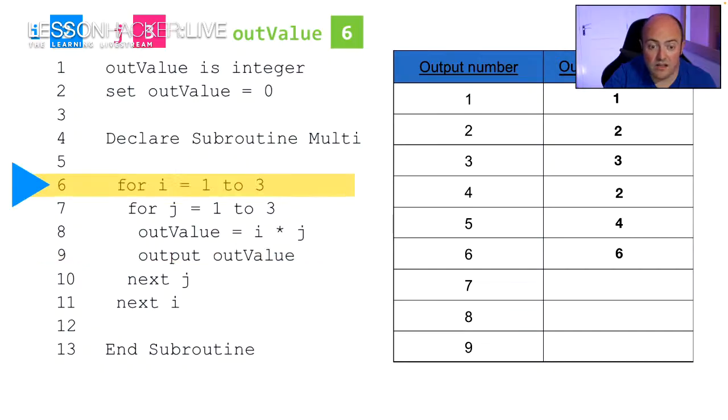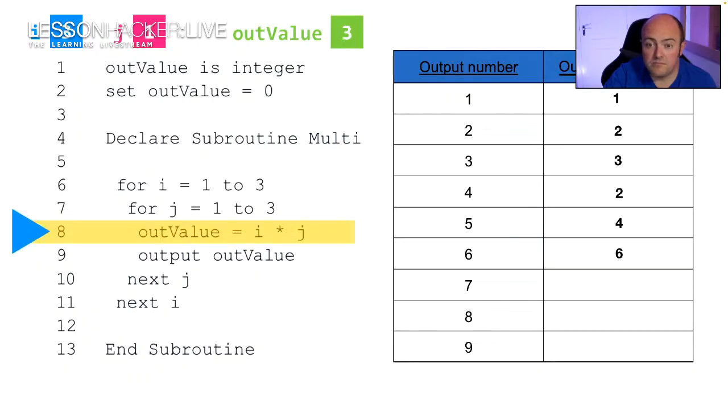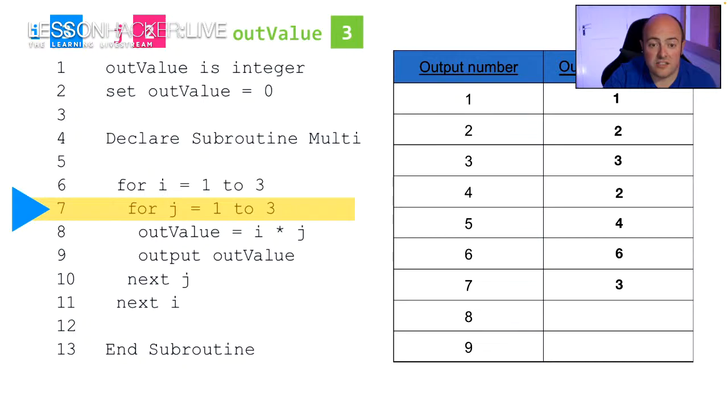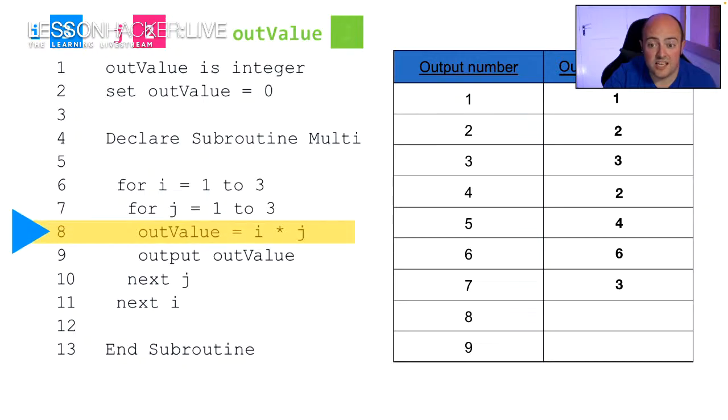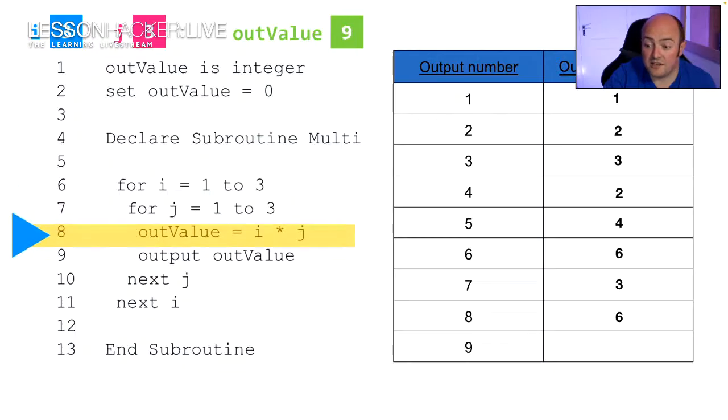Slap it in. And then J is done, so we're going back up to I. I becomes 3. J resets to 1. 3 times 1, 3. Goes on the board. J increases to 2. 3 times 2 is 6. Goes on the board. J increases to 3. 3 times 3 is 9.